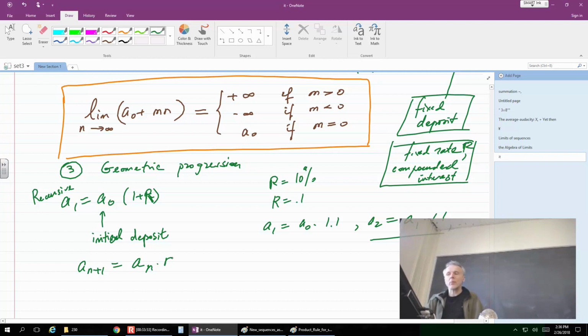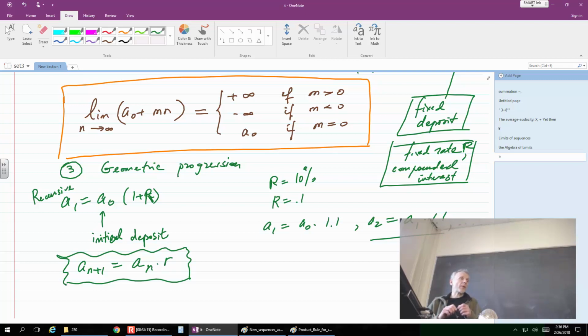So I'll stick with the general situation, so that we don't have to speak of interest rates necessarily, but in addition we can speak of things such as, say, population growth. So the R could be 2, for example.